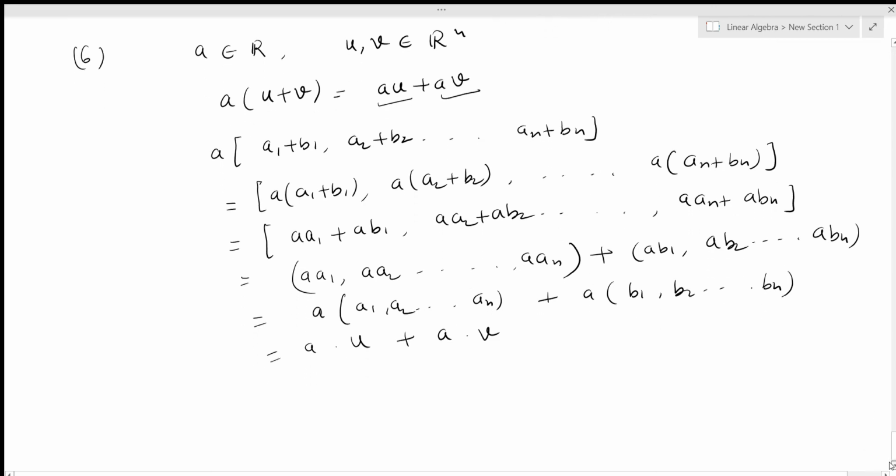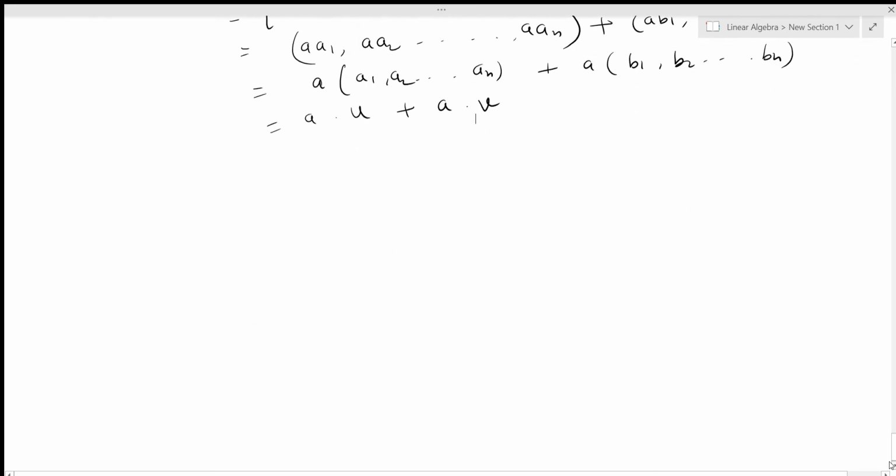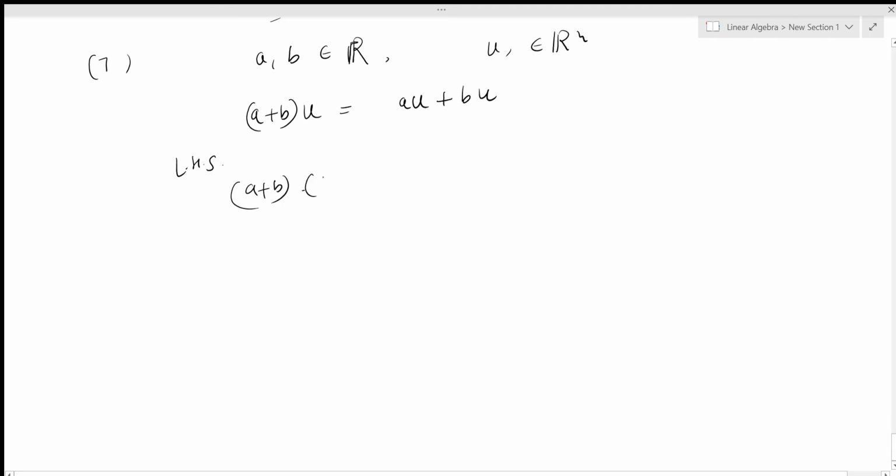Now last one is if there are A and B belongs to R field and U belongs to Rn, then you have to show A plus B into U is equal to AU plus BU. So again start with left hand side, that is A plus B, U means A1, A2 and so on, An.